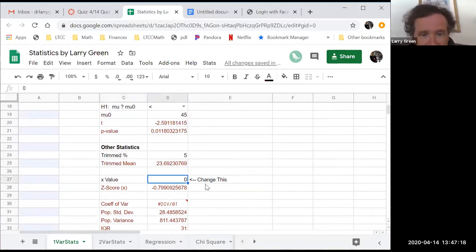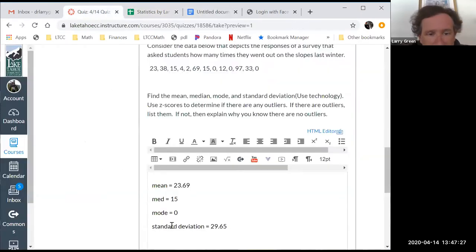And it says change it, but I actually do want it to be 0. And the z-score is negative 0.8. So note the z-score for 0 was negative 0.8. So 0 is not an outlier.